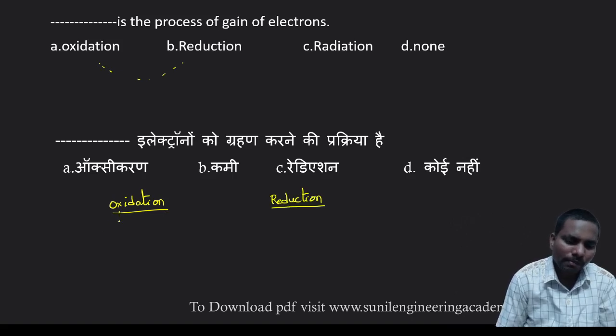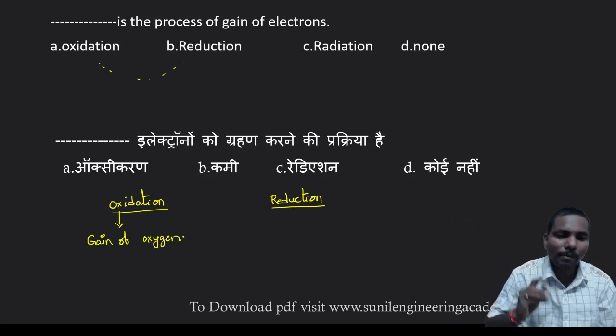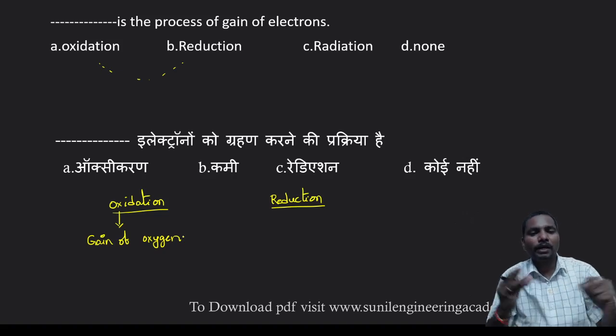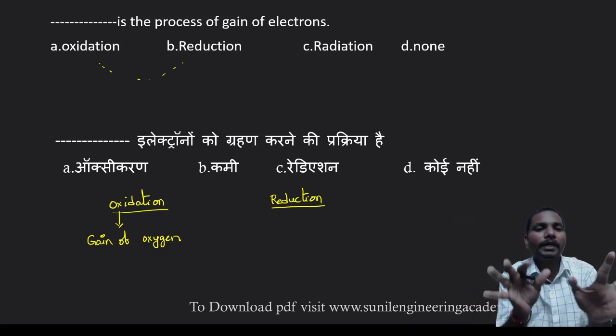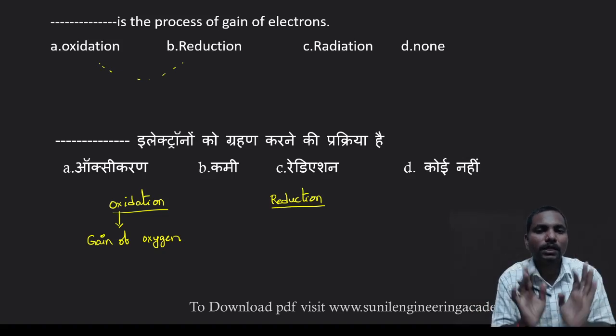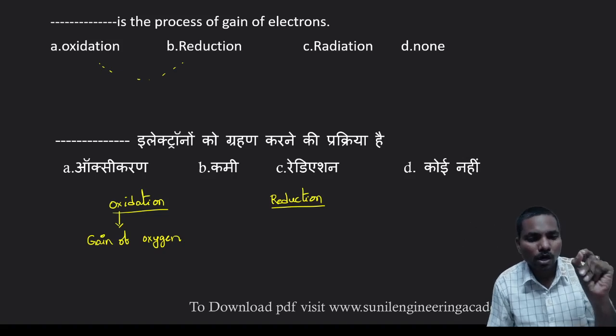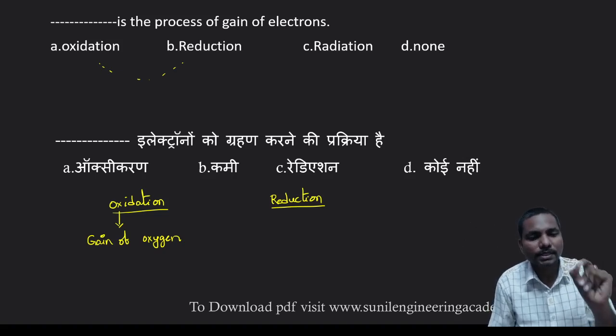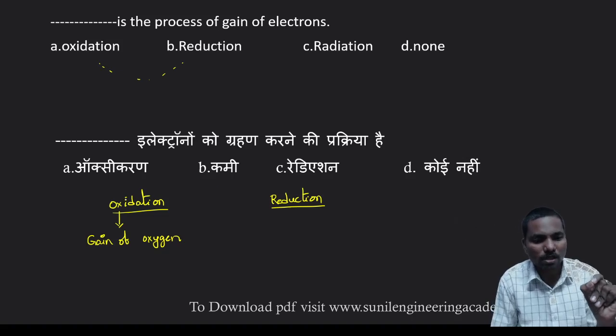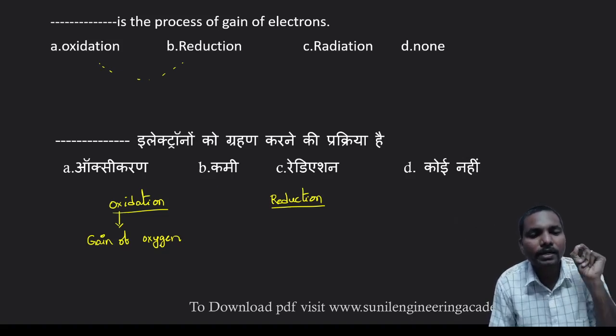Oxidation, as the name itself says, oxy means gain of oxygen atoms. If you remember this one, you can give the answer for any type of question. So oxidation is gain of oxygen.